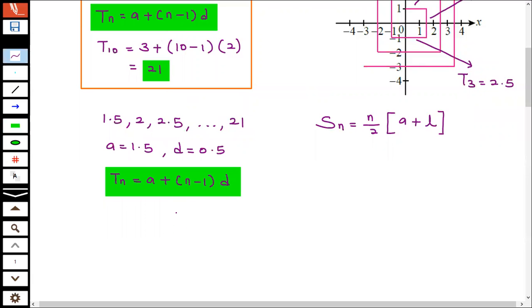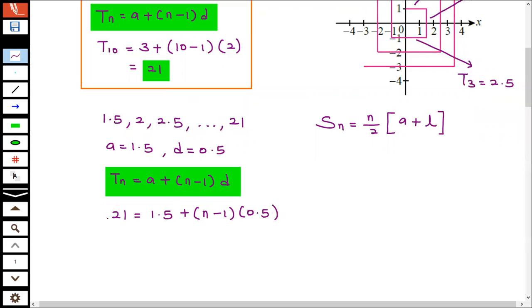I just highlighted the formula for you. So your Tn is going to be 21. Your a is 1.5, plus n, which is unknown for us now, n minus 1, and your d is 0.5.